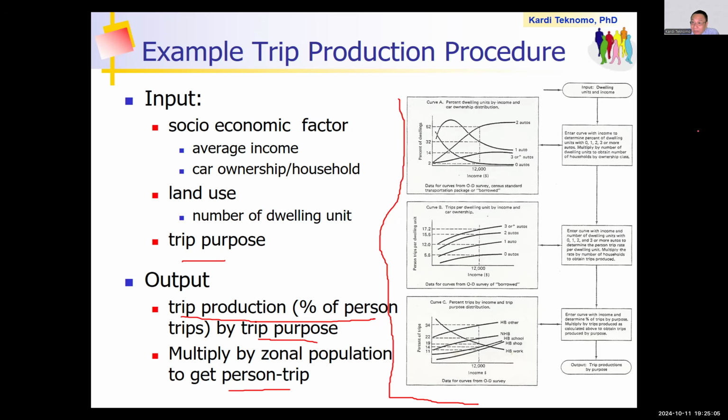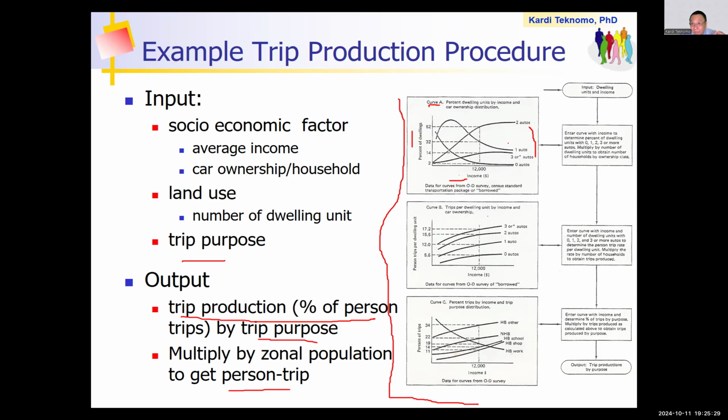So here is the chart. You will see in curve A, you will have the percentage of dwelling, and it depends on the incomes and the number of car ownerships. So if you know the income and the car ownership, you get the percentage of dwelling units.